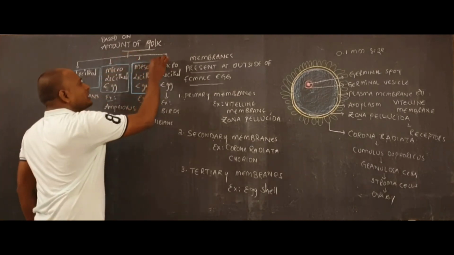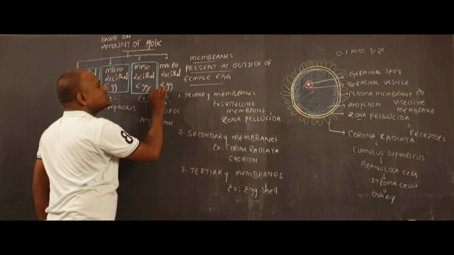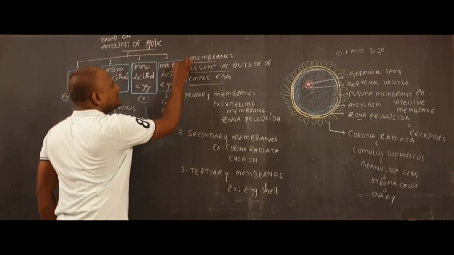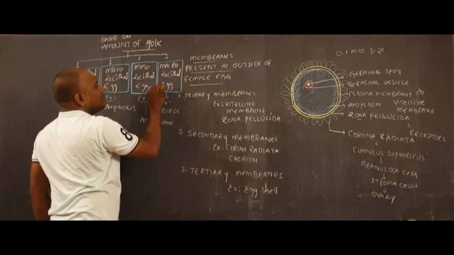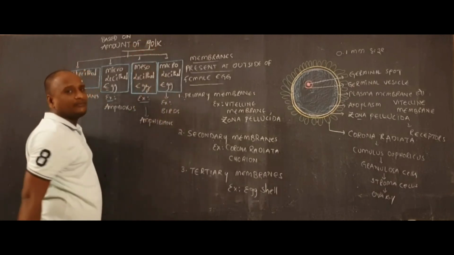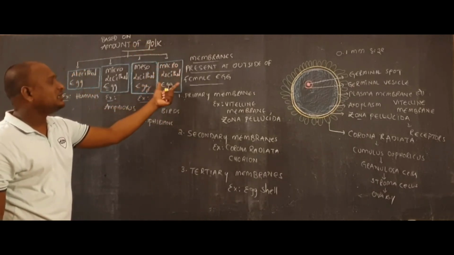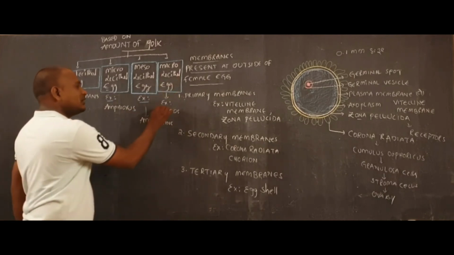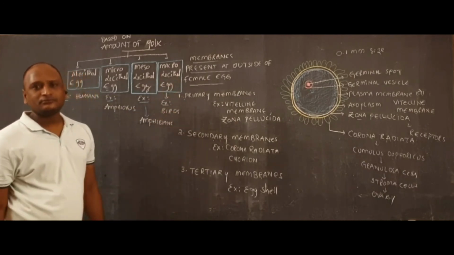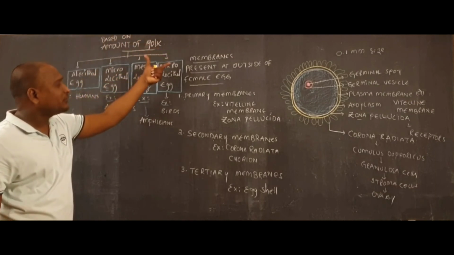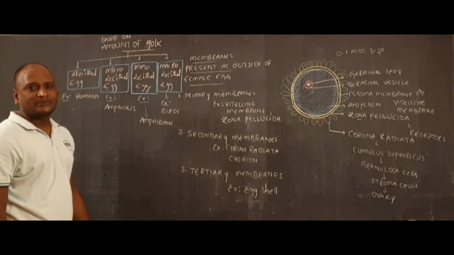Coming to the last one, that is macrolethal egg. Macrolethal egg means the egg consists of a large amount of yolk material. Example for that is birds. Like this, based on the amount of yolk material, they are divided into 4 types.